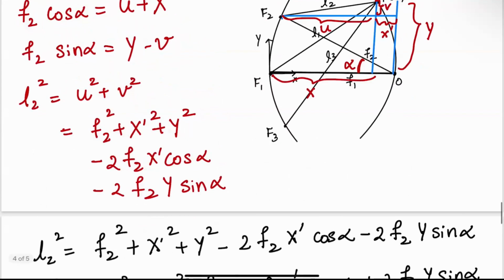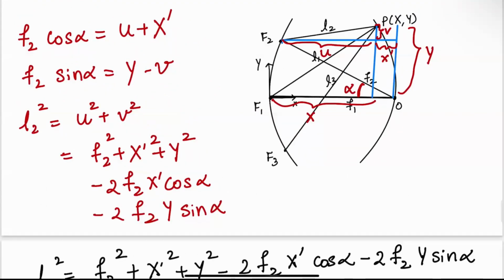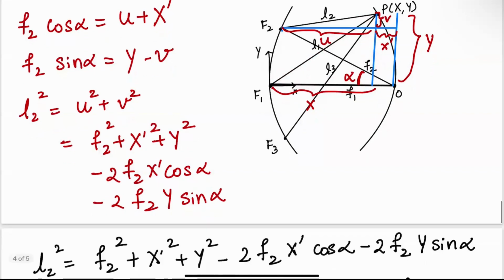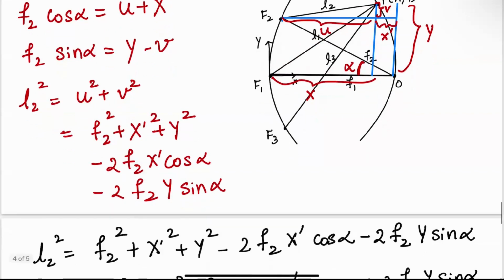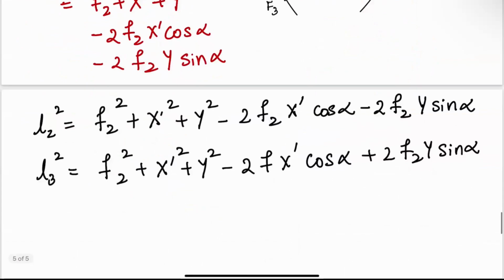And L1 can also be written very simply, because L1 is nothing but this square plus this square, which is F1 minus X square plus Y square, right?